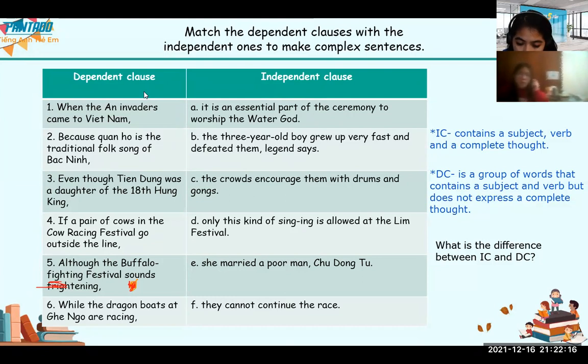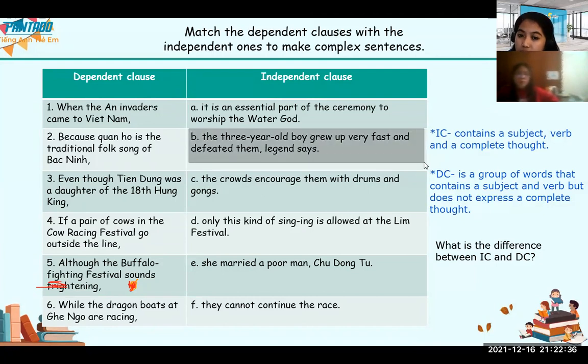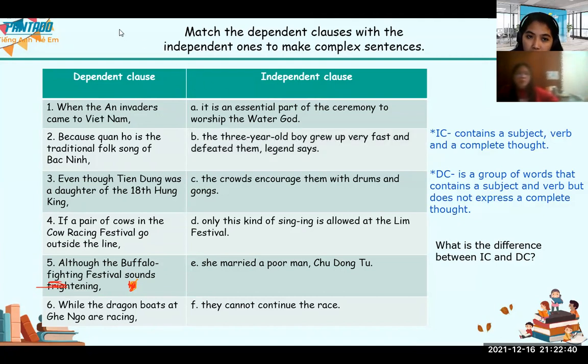The boy went up very fast and defeated them. What letter is that, Ngok? B. Letter B. Would that be your final answer? Okay, so let me put it here and I'll check it later.